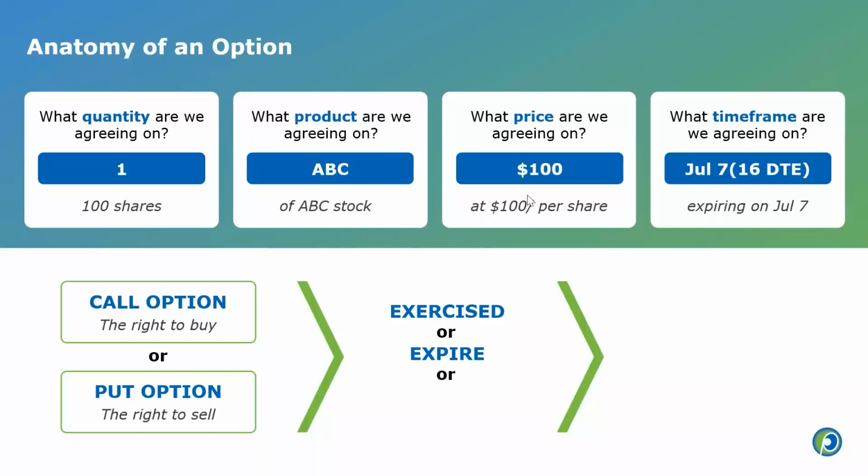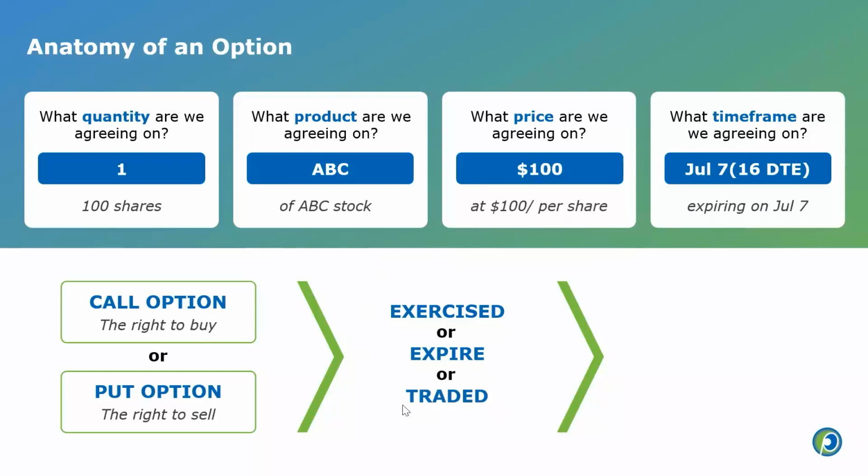Because if I'm paying to purchase a call option, which allows me to purchase at 100, it only makes sense for me to purchase these shares if the actual price of ABC stock is above 100. If it's below 100, and I still wanted ABC stock, I wouldn't be purchasing it at 100 a share. I'd be purchasing it at the market price. So in that case, the call option would simply expire worthless.